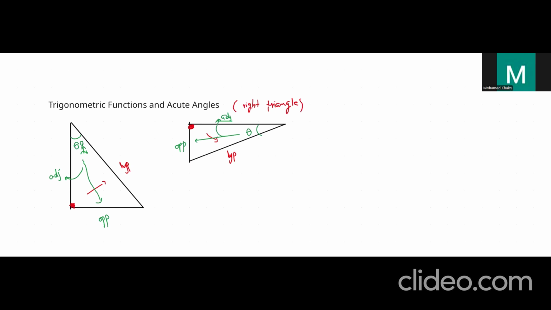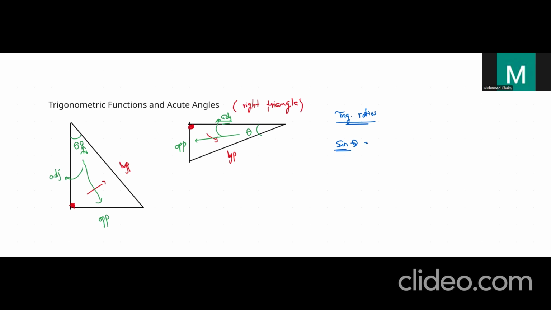What are those trigonometric ratios? I have three basic ones, and we have reciprocal formulas. Pay attention that sine alone without an angle is useless. I have to have an angle to find it, so it's kind of an operator.